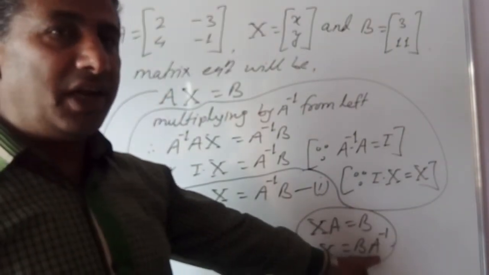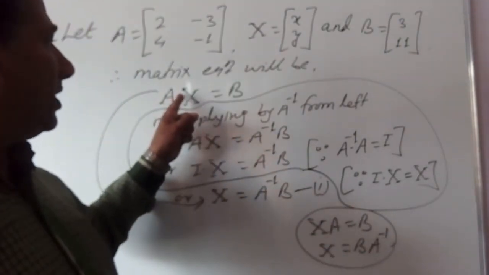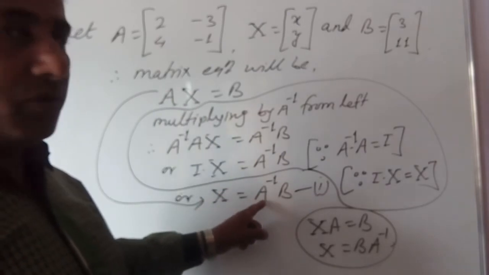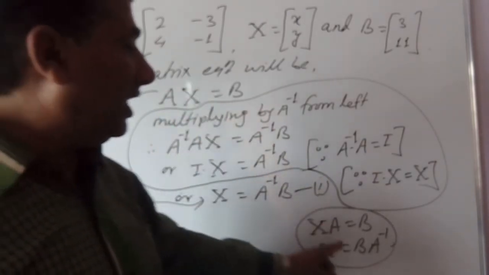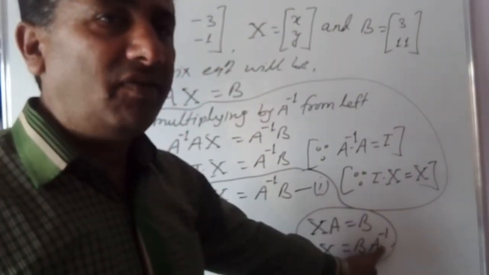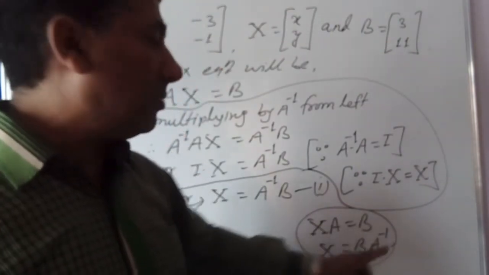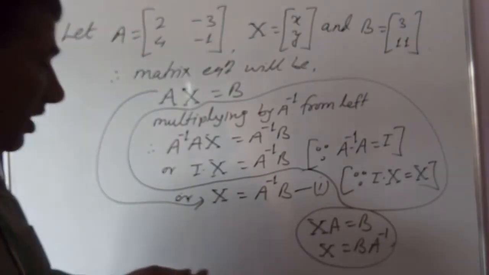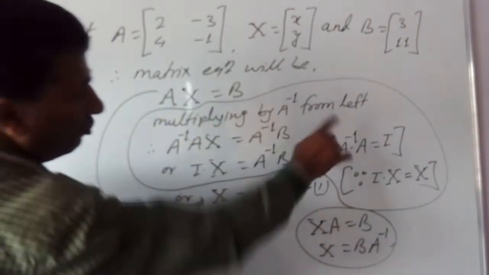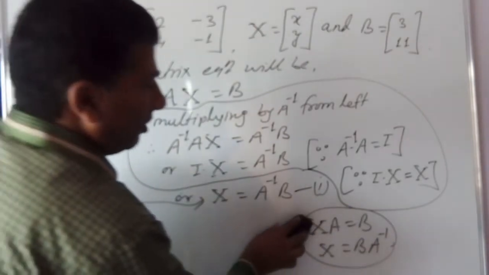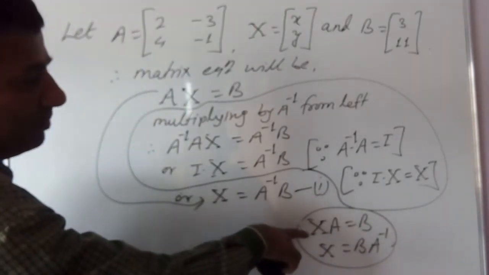A inverse would be on the right-hand side. In AX equals B, A is on the left-hand side of X, that's why A inverse would be on the left-hand side. If A is on the right-hand side, then its inverse would again be on the right-hand side of B. Remember this, as you can find some questions like that. When you solve, you can write this directly. It is not necessary to show all this, I wrote it just to make you clear. Remember this step also.